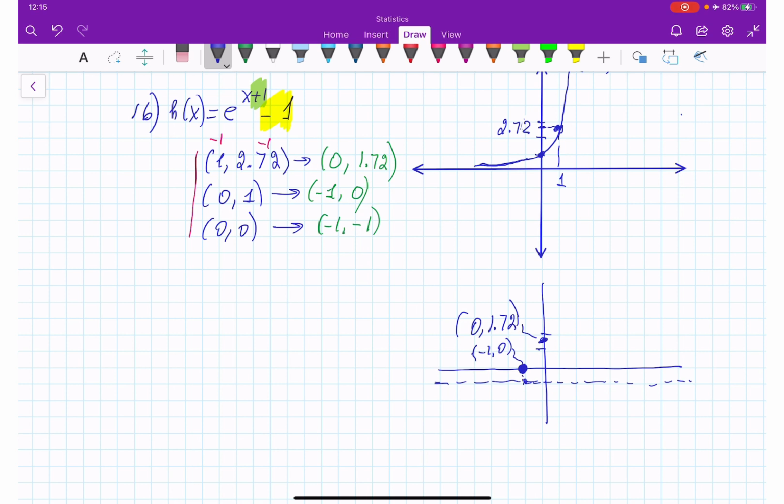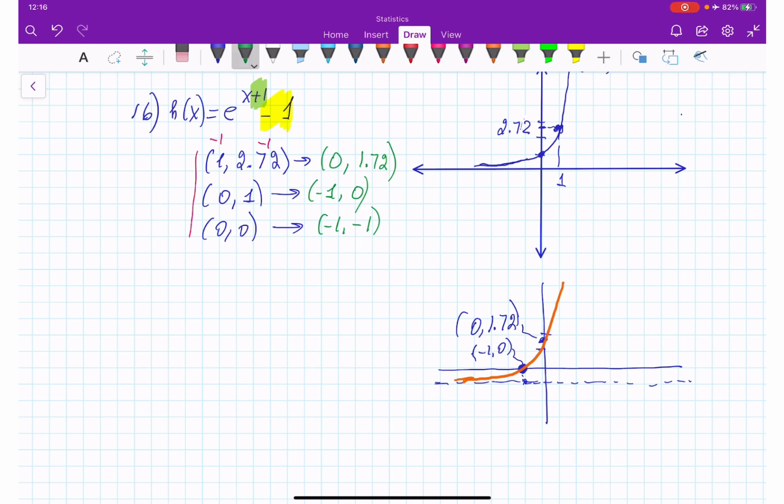Okay. So, how is my graph going to go? There we go. This is how it's going to go.